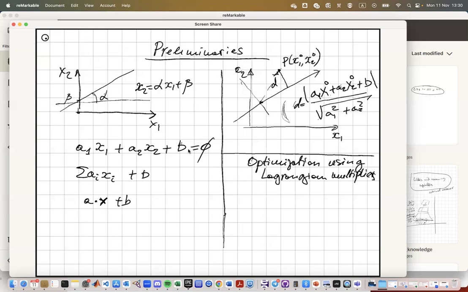At this moment, I just want to remain on a very abstract level. So you have a function f, and you want to minimize it, given certain constraints.